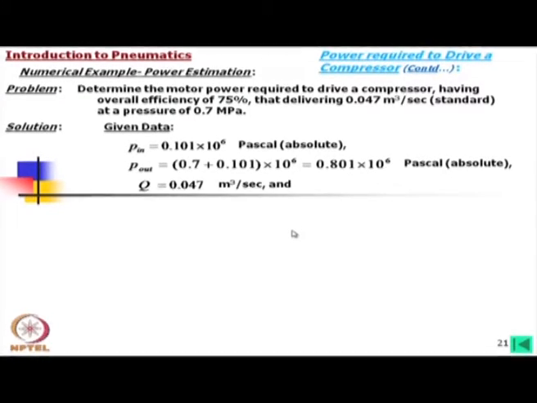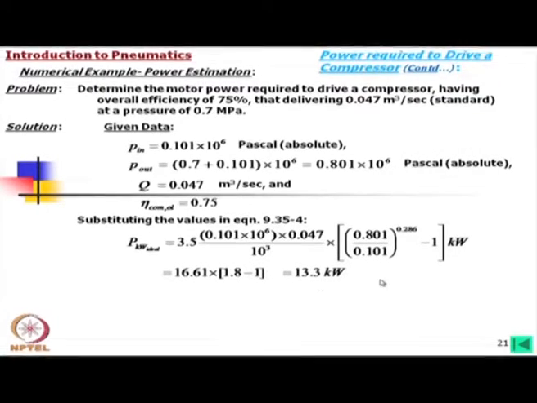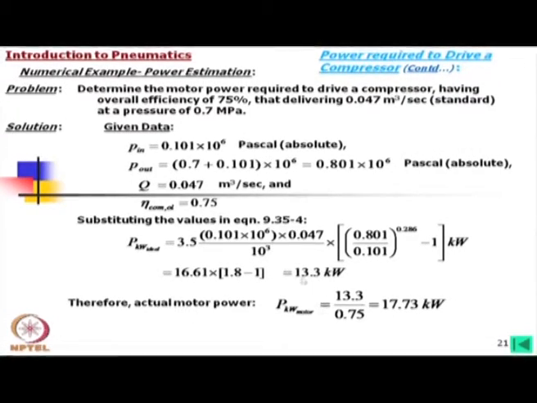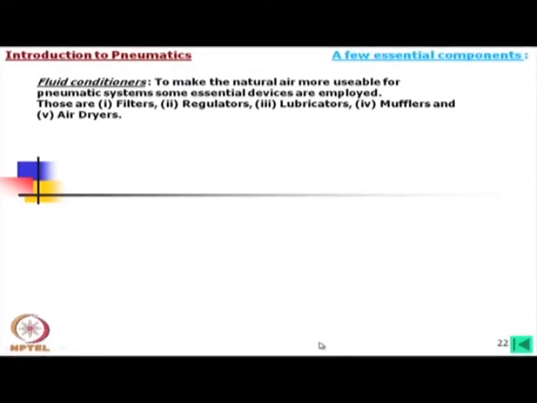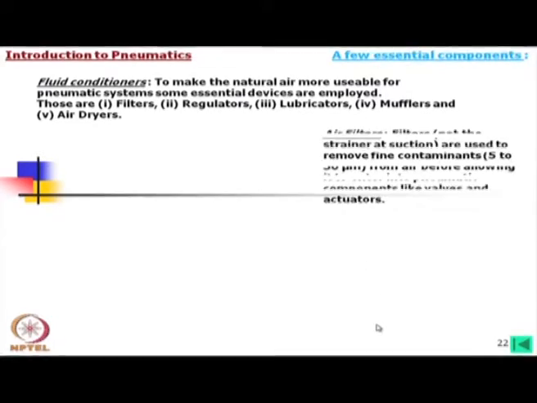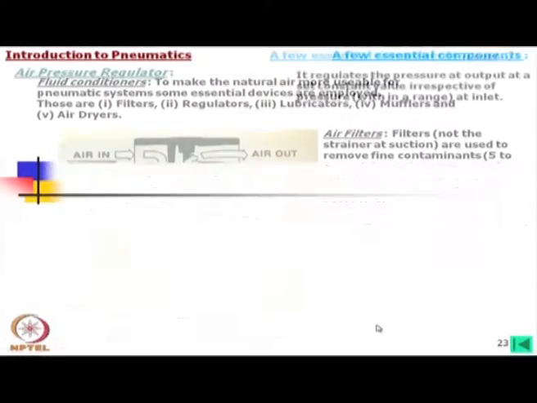Considering this, we can calculate the ideal power, which comes to 13.3 kilowatt, and the efficiency is 0.75. So, 17.73. So, we recommend a motor of 18 kilowatt. I think we can continue these components in the next lectures.